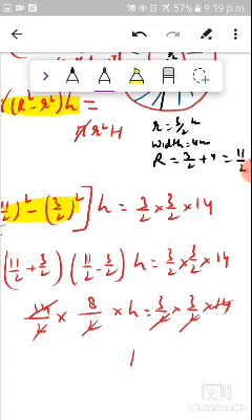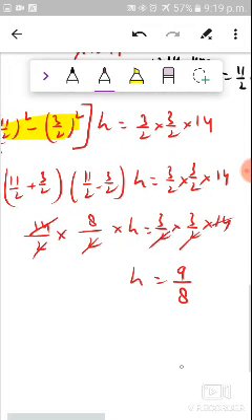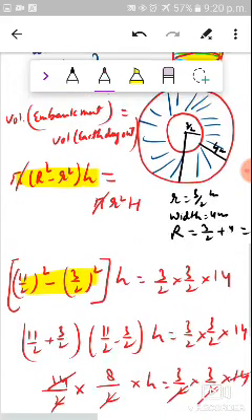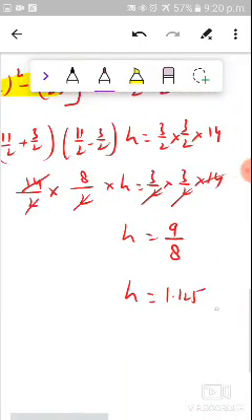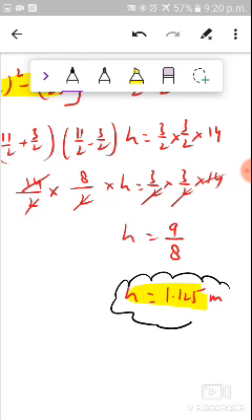So 3 threes are 9, and h is 9 by 8, that is 1.125 meter. So the height of the embankment is 1.125 meters. Clear?